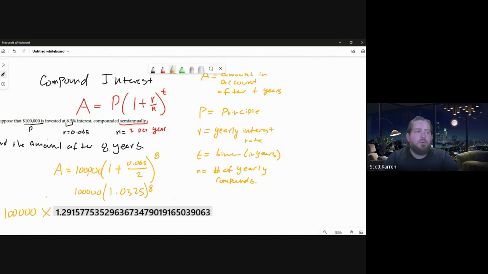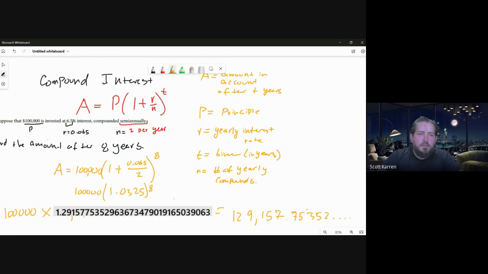Now, clearly, I don't need this level of accuracy, because if I actually do this multiplication out, this ends up being 129,157.75352, and so on and so on.